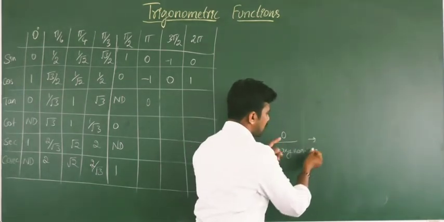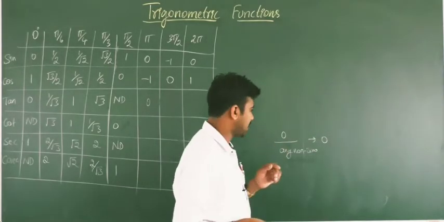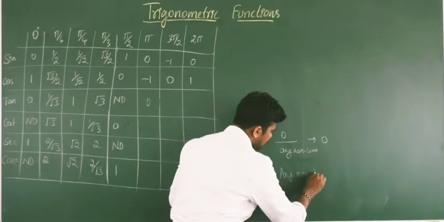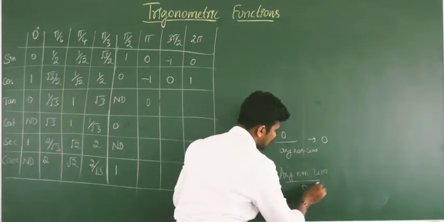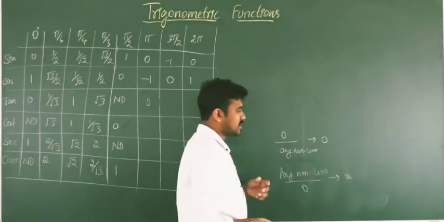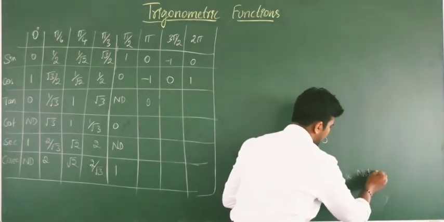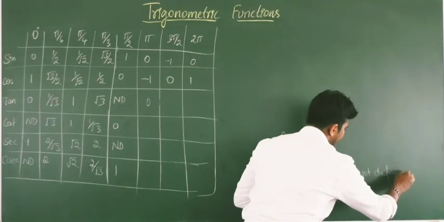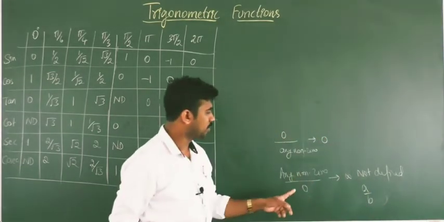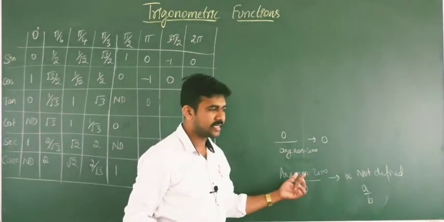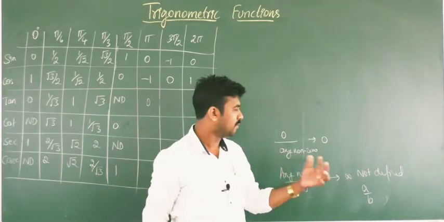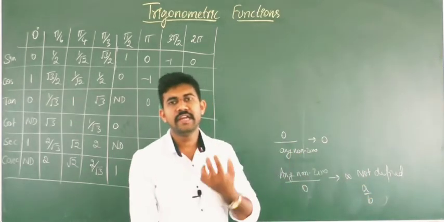If the numerator is 0 and the denominator is any non-zero number, then the value is 0. Similarly, any non-zero number divided by 0 approaches infinity, or is not defined, or undefined. If b tends to 0, the value of a by b tends to infinity.